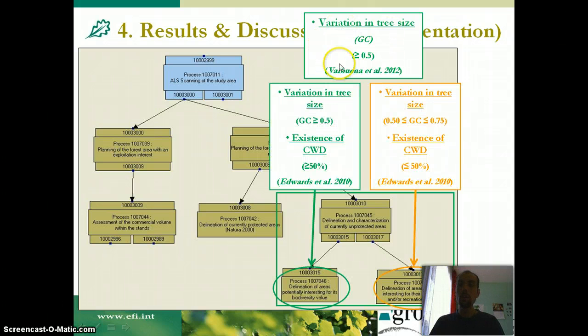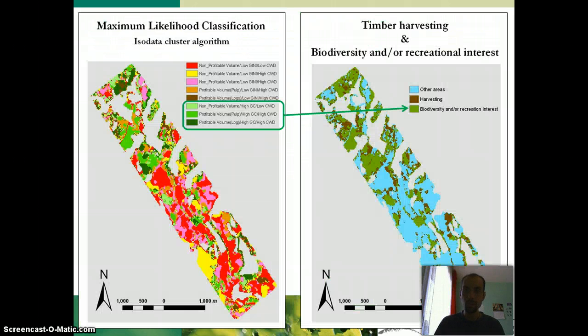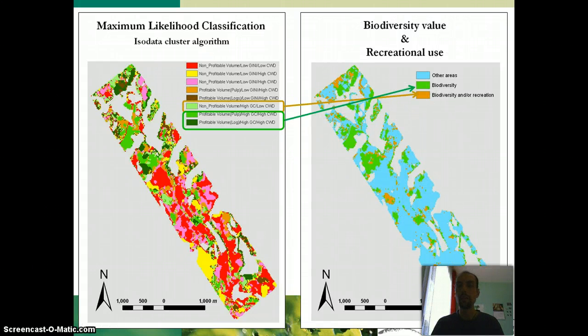Later on, I also based my decision on the probability of existence of deadwood material. I selected only those categories that presented a high Gini coefficient, corresponding to forest stands considered irregular in terms of tree size. I joined them into a single category, and then I further differentiated them.